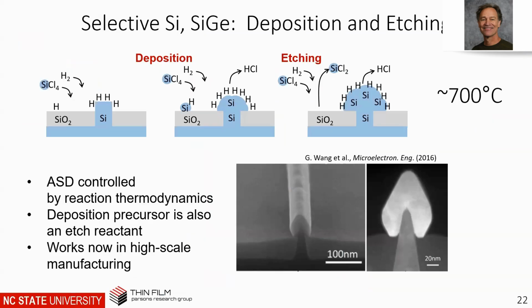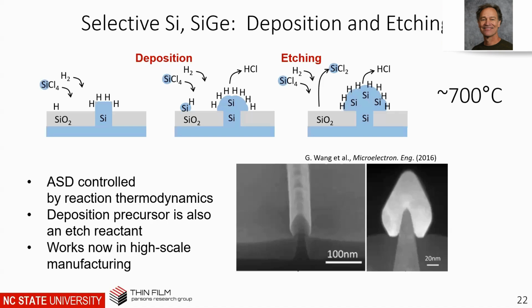The reason it works is because on one surface, the chemistry is thermodynamically favored for deposition, whereas on the SiO2, you can get a little bit of deposition, but when the reactant, in this case silicon tetrachloride, comes in, it can do something called disproportionation, and it makes two of these things, SiCl2, and that's volatile.